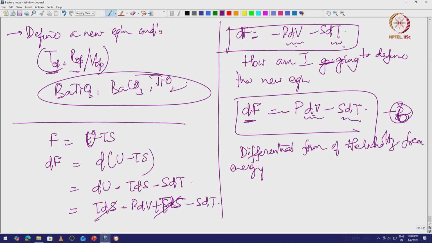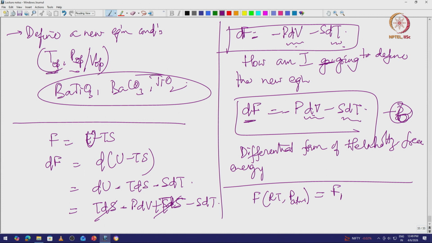Now, let me explain. Again, the absolute values of these energies do not make any sense, but just to give you a feel for it, let us say that F, at room temperature and atmospheric pressure, is some value F1, in energy units like electron volts.